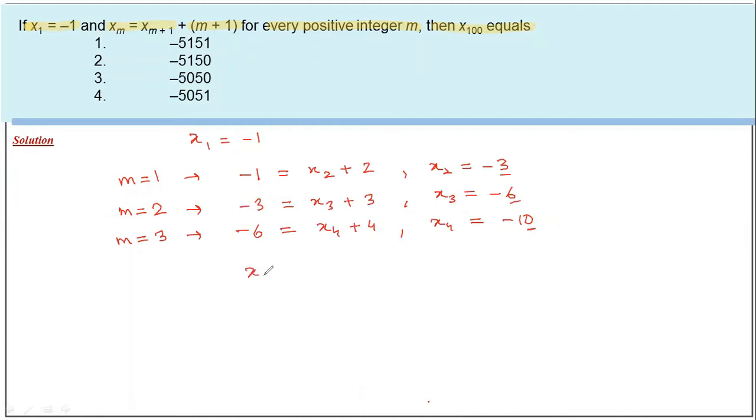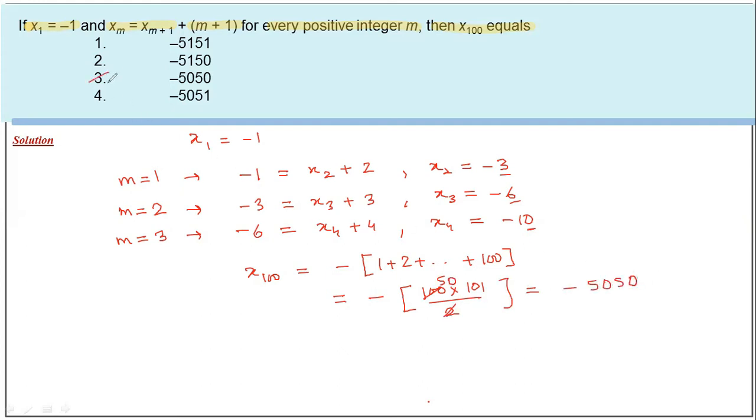So that means x100 would be equal to minus of the sum of first 100 natural numbers, which is equal to minus 100 into 101 by 2. So that is equal to minus 5050. Option 3.